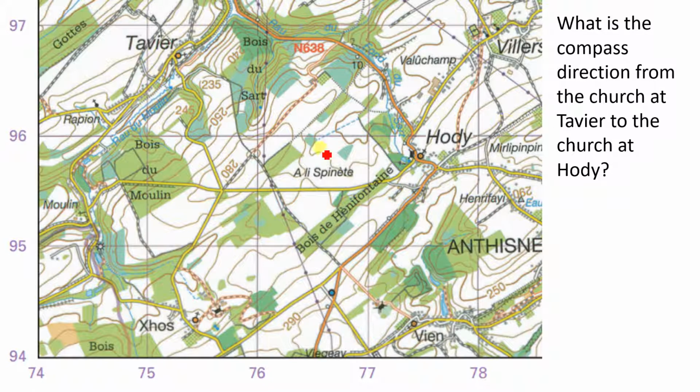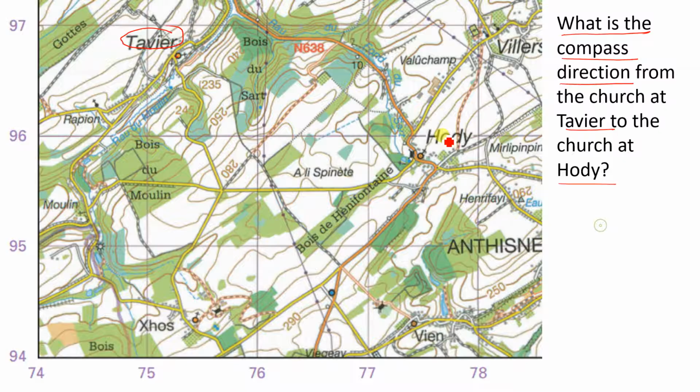Now they said in this particular question, what is the compass direction from the church at Tavia to the church at Hoodie? So this is Tavia here, and this is the church at Tavia.